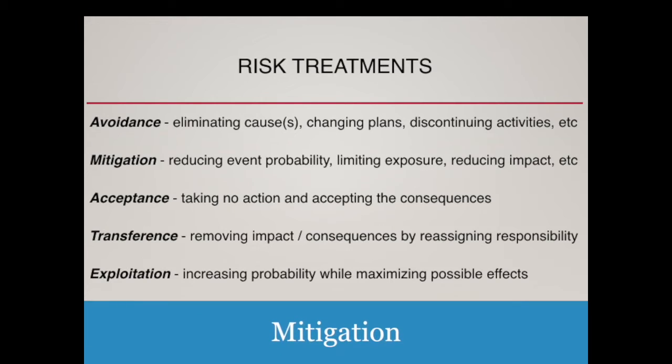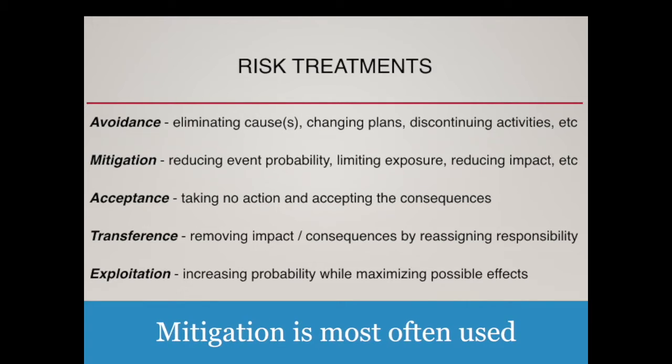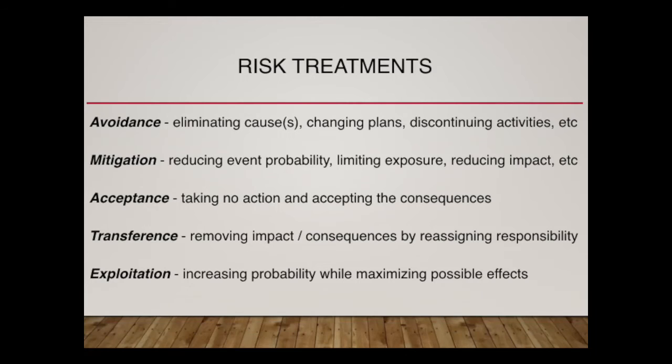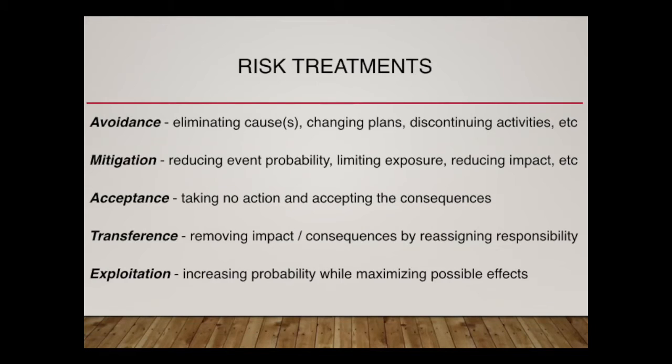Mitigation reduces the event probability, limits the exposure, and reduces the impact to the organization. Mitigation strategies are the most used of the risk treatments. Some organizations may accept the risk. Acceptance takes no action and accepts the consequences.